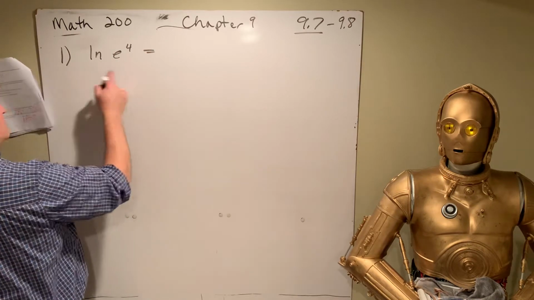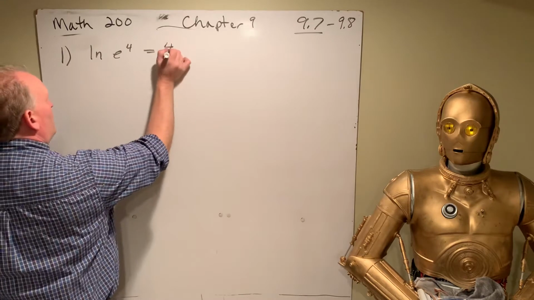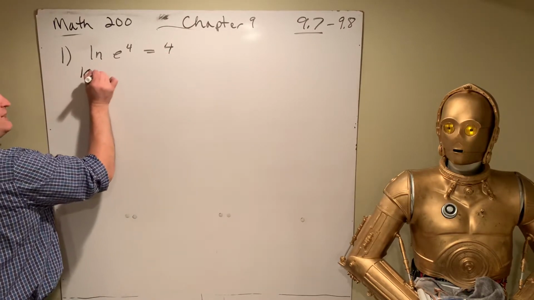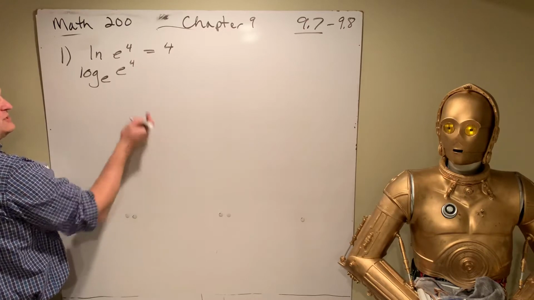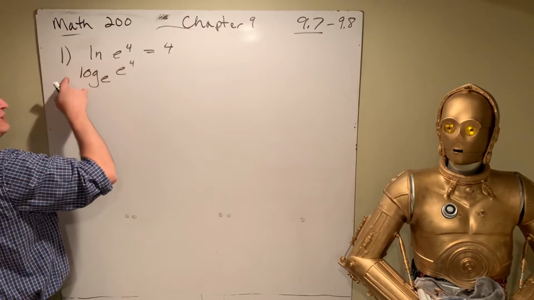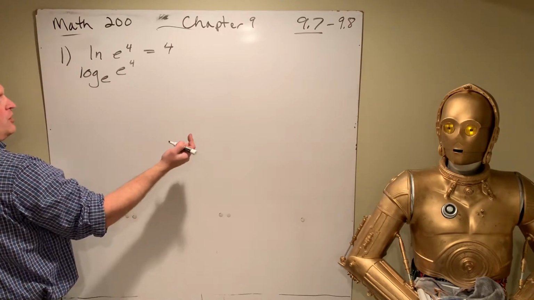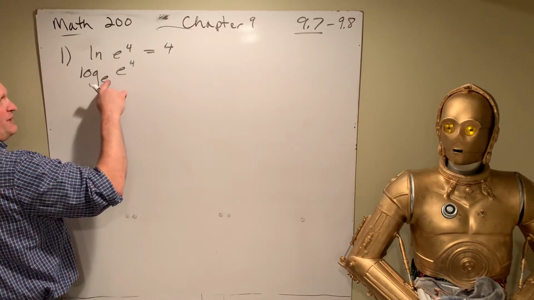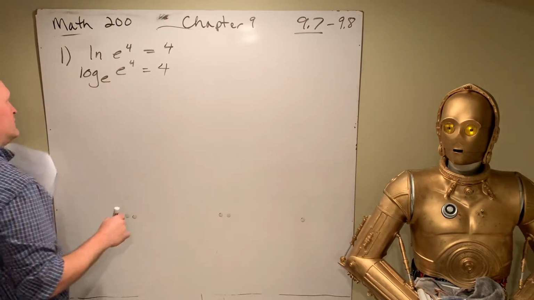And so we could do that in your calculator. You could do ln of e to the 4th. That would just be 4, because ln is shorthand for log base E. That's what's going on there. So we could do that 2 ways. We could pull the 4 down and say log base E of E is 1, and 4 times 1 is 4. Or we could just say, hey, look, E to what power is E to the 4th? That's 4. Or you can put it in your calculator.